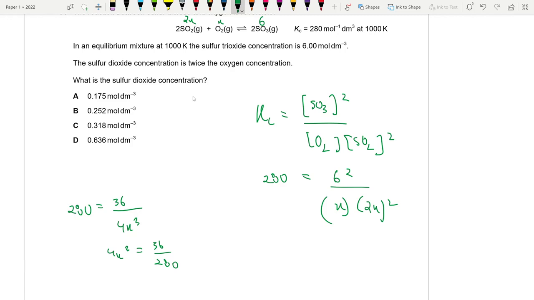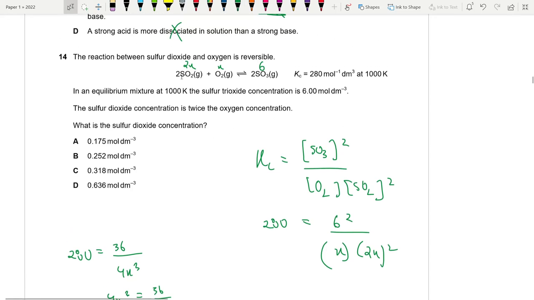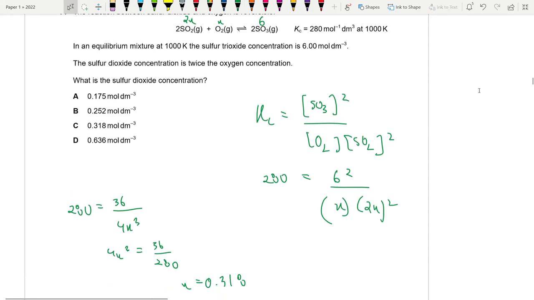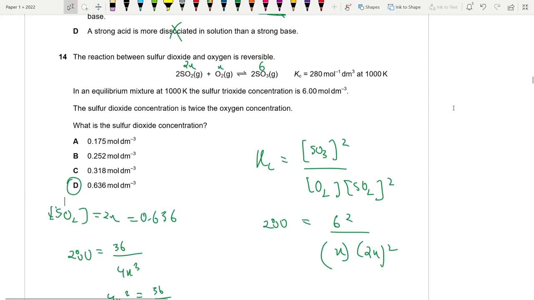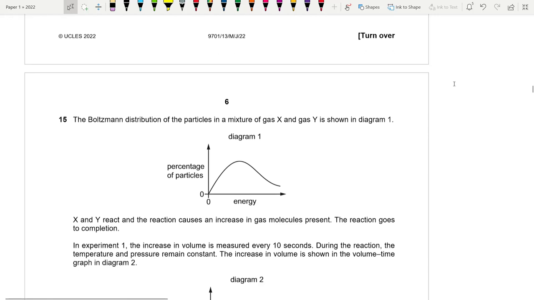So if I solve this, I'm getting an answer of 0.318. This is the value of x, but they want the value of sulfur dioxide concentration. So the concentration of SO2 is actually 2x, which is this times 2, 0.636. It should be D, logically. 14 should be D. 14 is D. Just check the mark scheme.